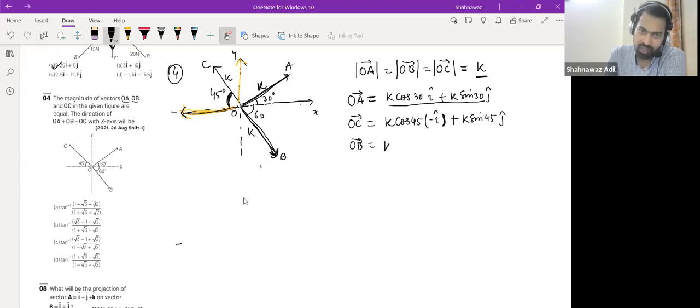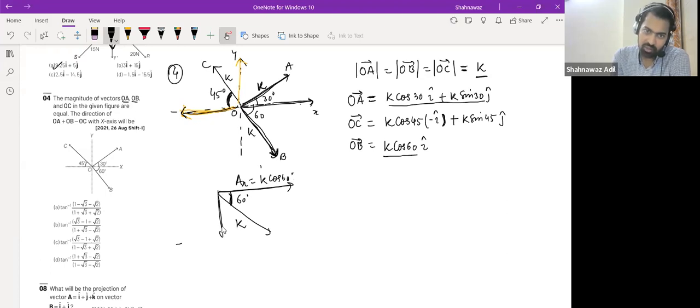So K, and this part is cos. So K cos 60, and the direction is what? This is the horizontal part. We have this vector, with this angle of 60 degrees, and magnitude K. So this would be the horizontal part, let's say AX, which is K cos 60, and this is AY, the vertical part, which is K sin 60, right?